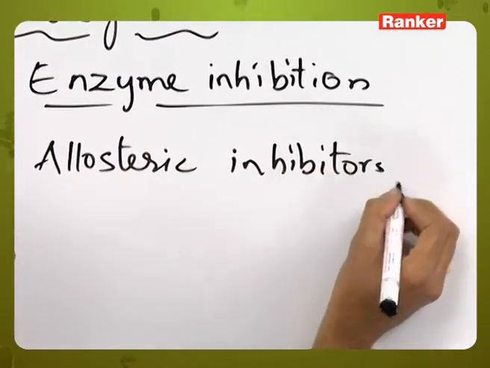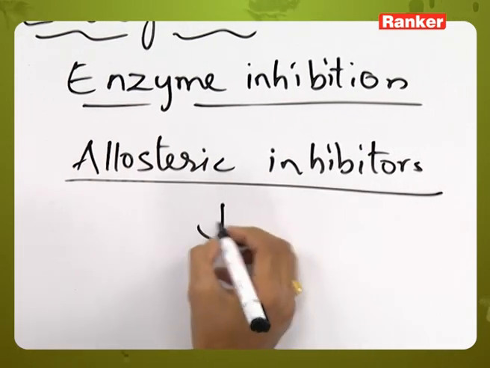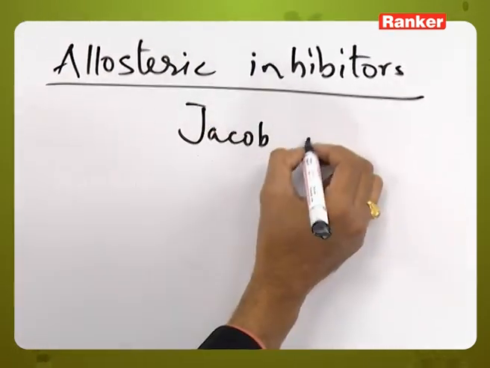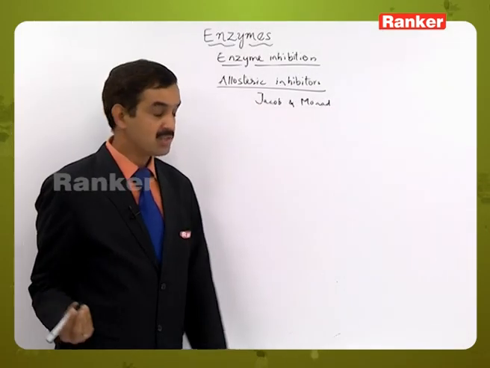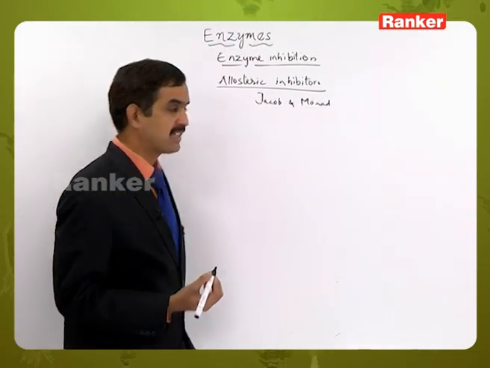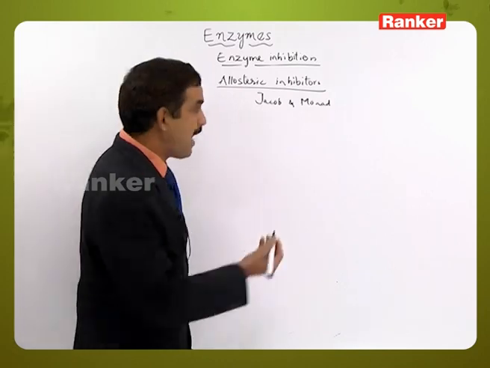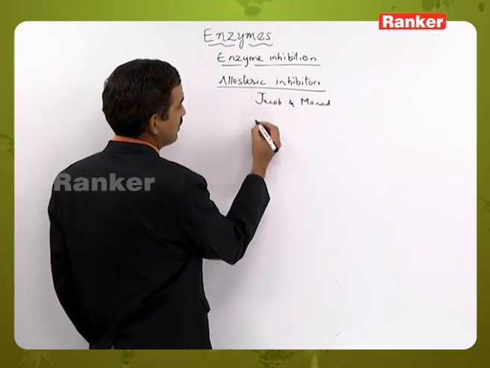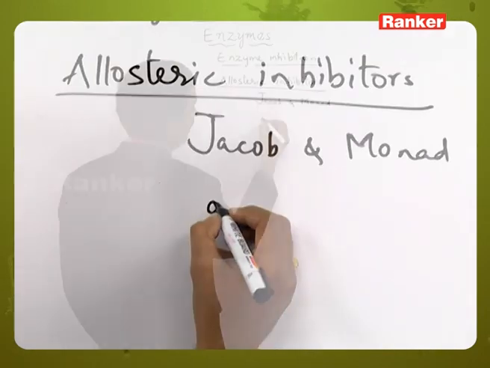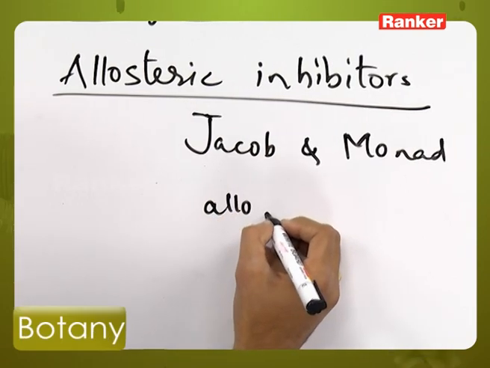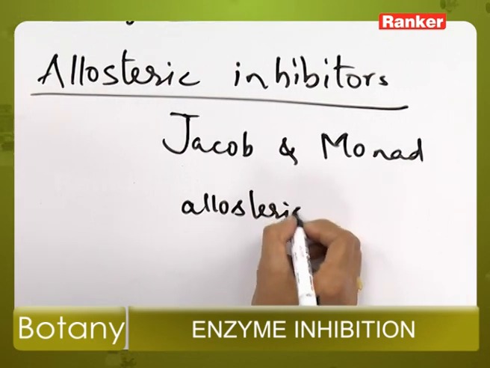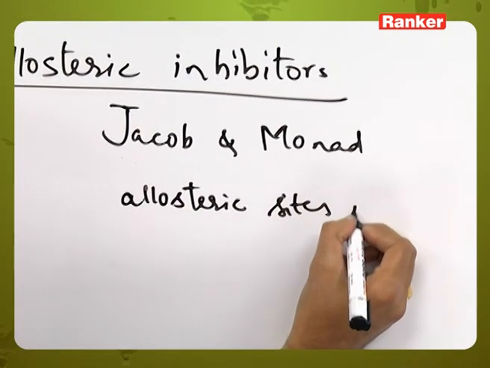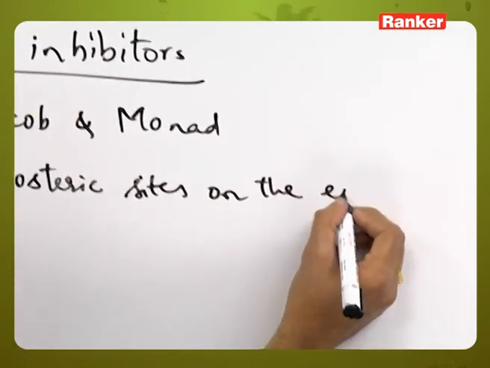This concept of allosteric inhibitors was given by Jacob and Monod. According to the scientists, some substances are inhibitors which will bind to some other sites, that is allosteric sites on the enzyme.